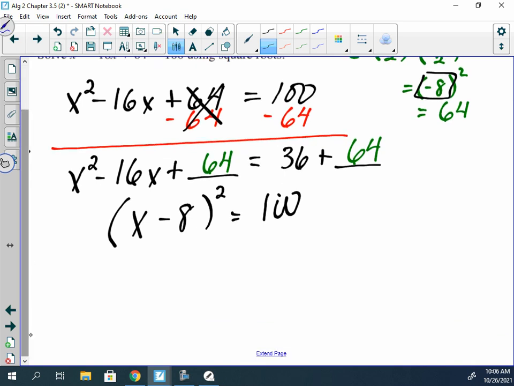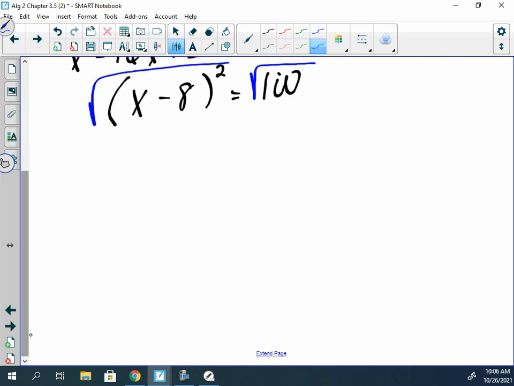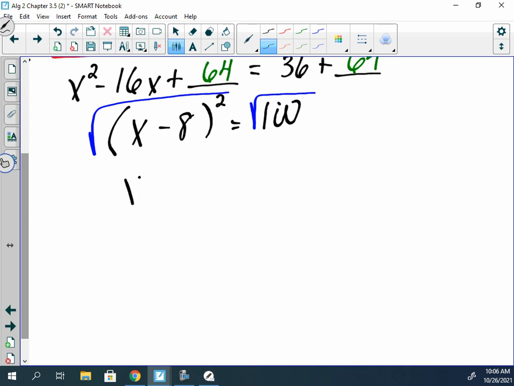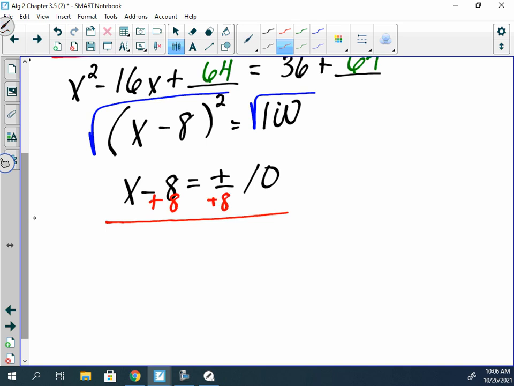Now that we have it as a set of parentheses squared, we can square root both sides, which will tell me that I have x minus 8 is equal to plus or minus 10. We can add 8 to both sides, which tells me x is equal to 8 plus or minus 10.